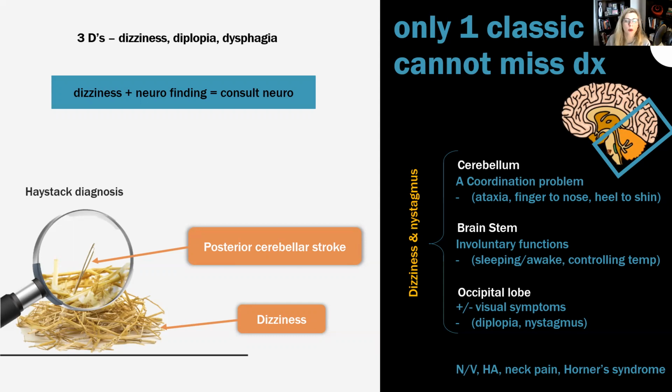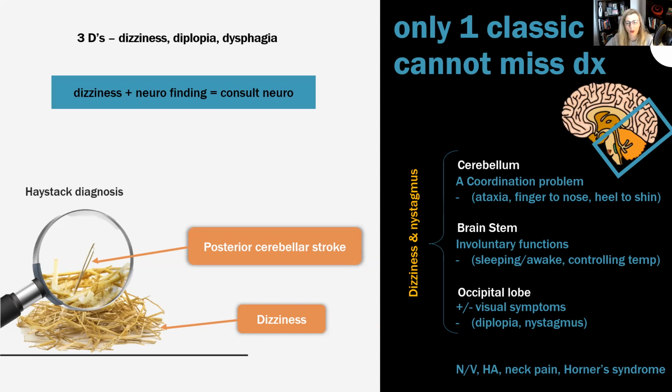So you're looking for a specific complaint of dizziness with some kind of neurological finding. Now, where and what neurological finding can get pretty picky and specific. The three most common, the triad they call the 3 Ds, are dizziness, diplopia, and dysphagia. That said, just like all other triads in the medical profession, it's not very common to find all three in one patient.